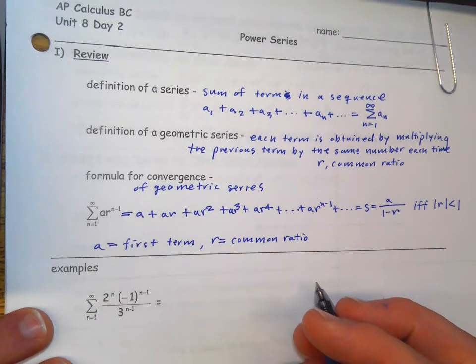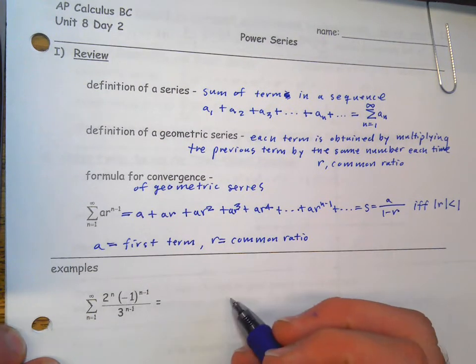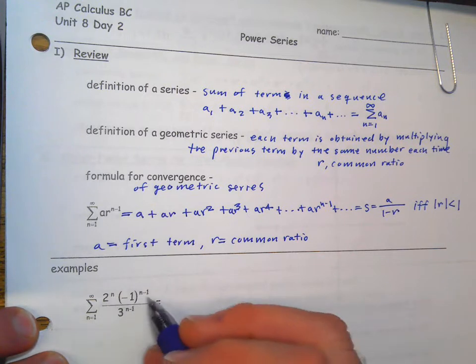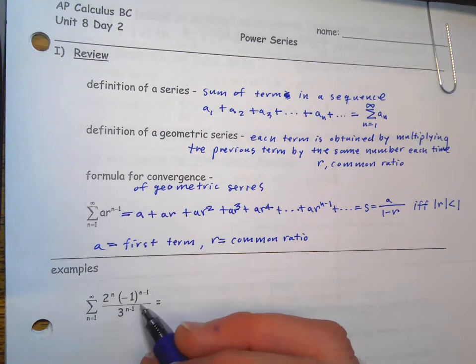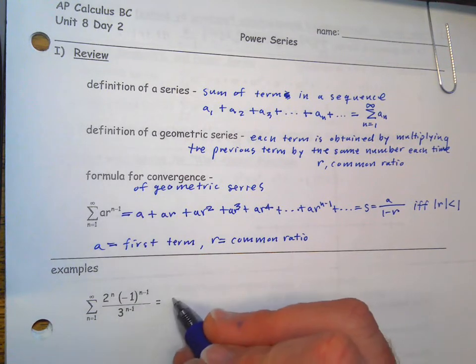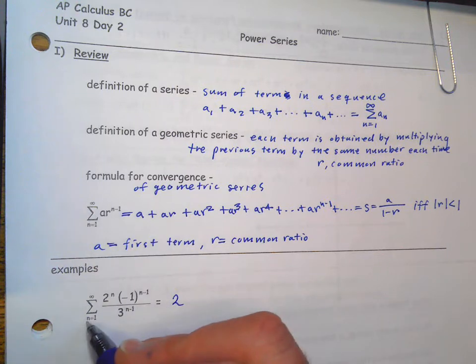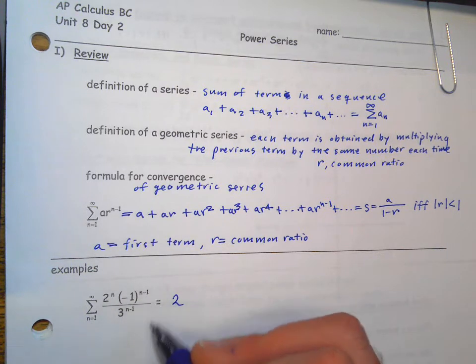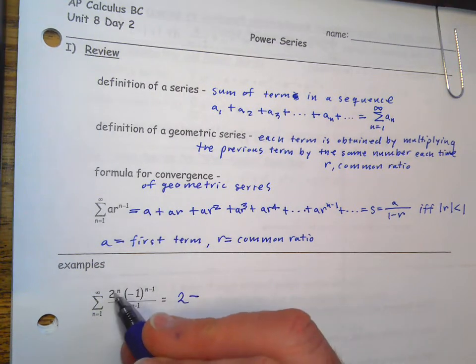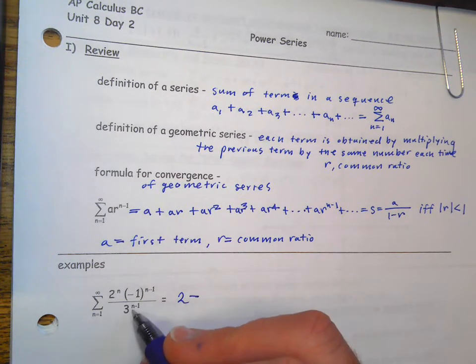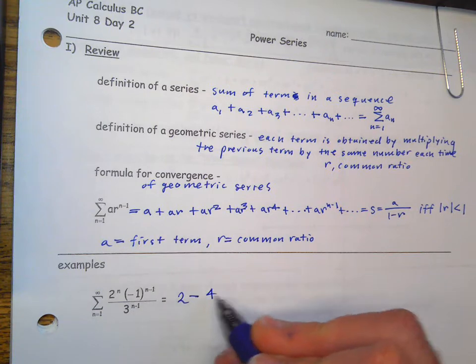Okay, here's an example of a crazy looking closed form, but we could just plug n equals 1 in and see it's going to be negative 1 to the 0, 2 to the 1, 3 to the 0 is 1. So we're going to get 2 for the first term. And then when you plug in n equals 2, that's going to be a negative 1, so you're going to definitely get negative. And then you have 2 squared is 4 over 3, 4/3.